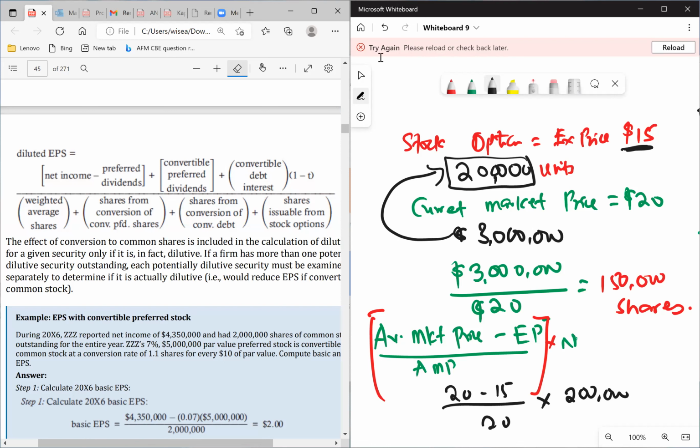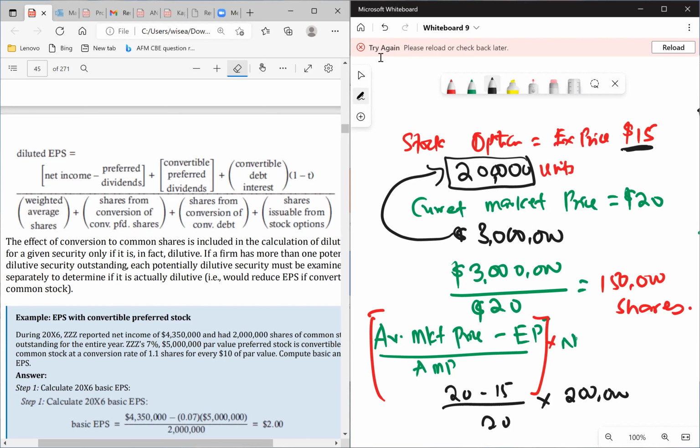Then is there any convertible dividend? Add it back, because when the preference shares are supposed to be converted into common stock, the dividend that we used to pay will no longer be paid. That's why we are adding it back. The loan notes, remember that the interest on the convertible loan should always be tax adjusted, because it is not the full effect that will come in as savings.